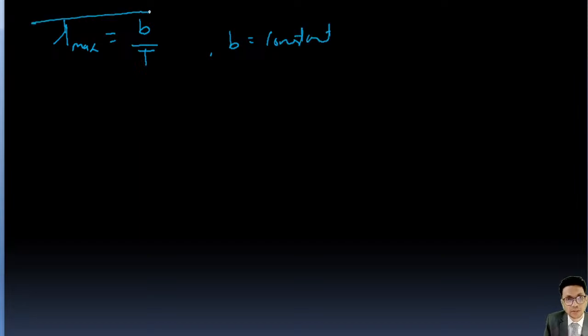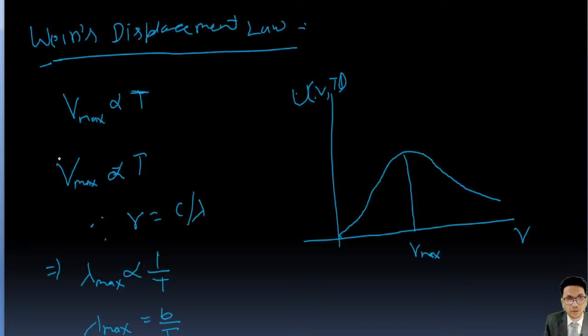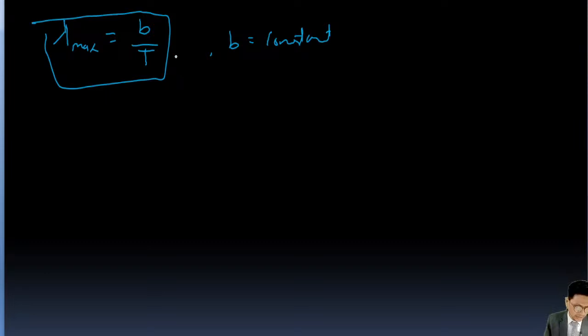This is Wien's displacement law. And the value of b is 2898.9 into 10 to the power minus 6 meter Kelvin. So this is the value of b.